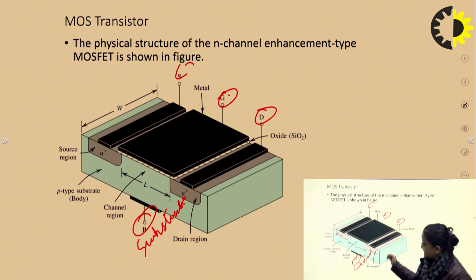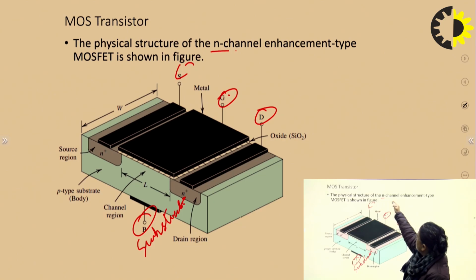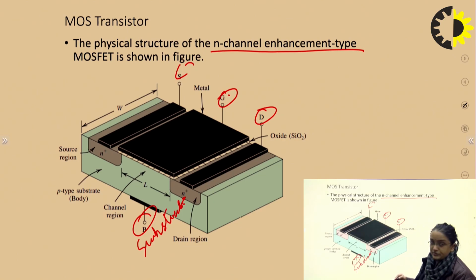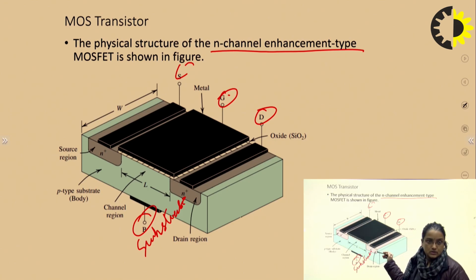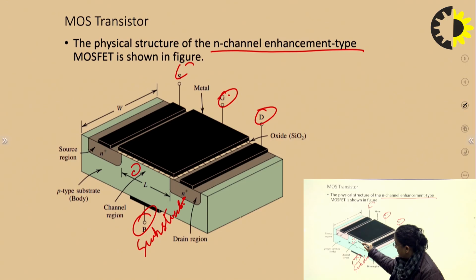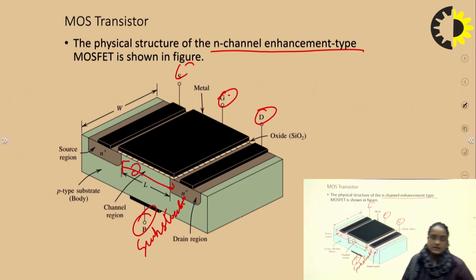In this diagram, this is the physical structure of the N-channel enhancement type MOSFET. In the enhancement type MOSFET, we have the P-type substrate and N-doped regions. This is the channel region, which is created when we apply the required biasing.